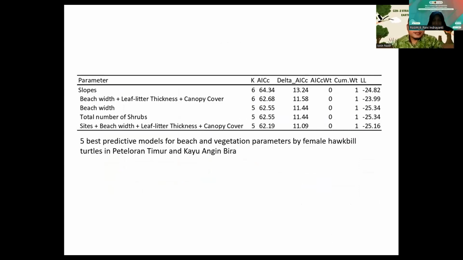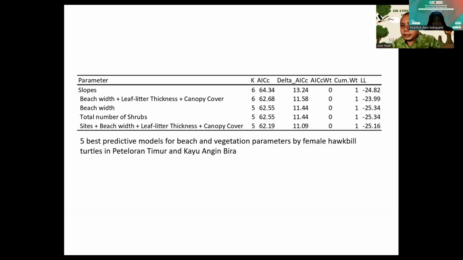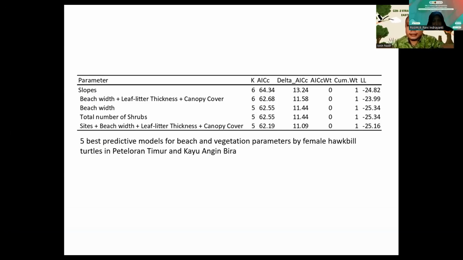The canopy cover and the leaf litter thickness appear in 2 of 5 models, whereas island or site only appears in 1 of the 5 models evaluated. Other variables were weakly supported predictor variables, which are not shown in the 5 best predictive models.